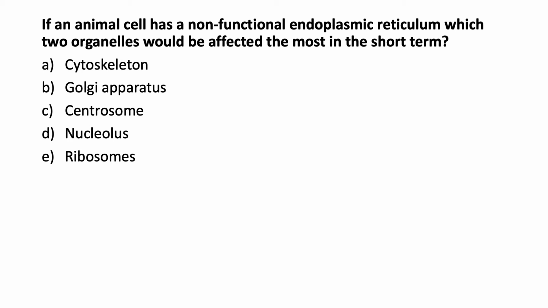And then ribosomes really only use components made in the nucleolus, so they also wouldn't have an issue. And of course, in the long term, the lack of an endoplasmic reticulum would ultimately shut down the cell and kill it, so all these organelles would be non-functional, but this question really only asked for the short term. All right, let's move on.